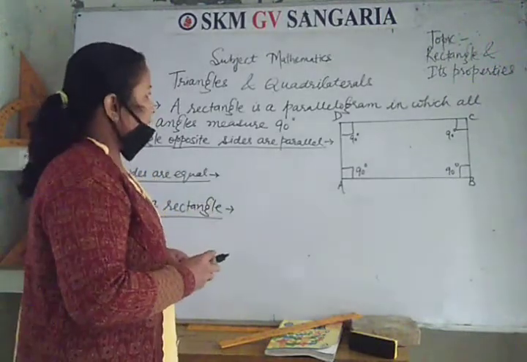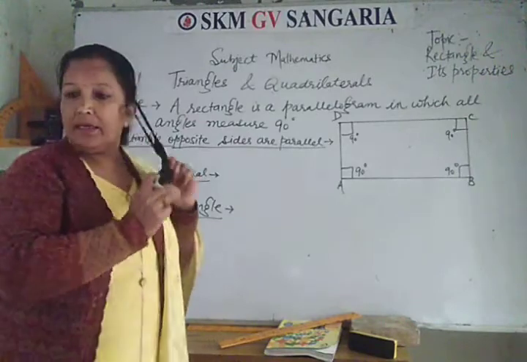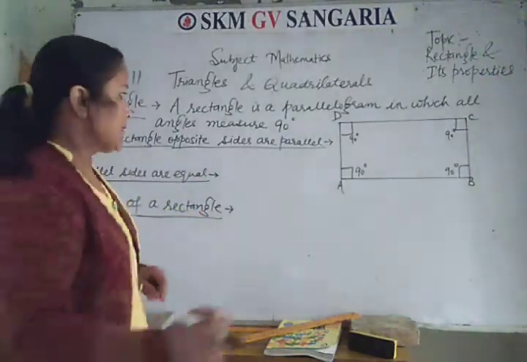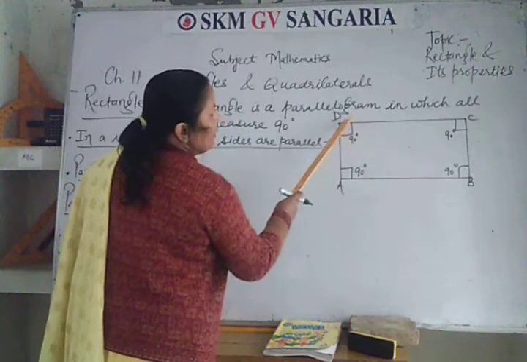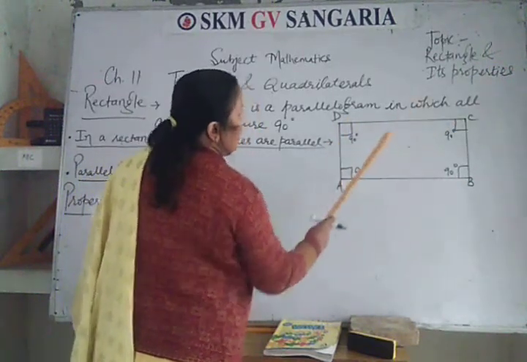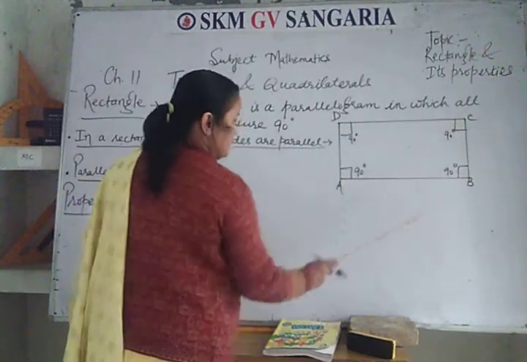In a rectangle, opposite sides are parallel. Opposite sides are parallel means AB is parallel to DC and AD is parallel to BC.